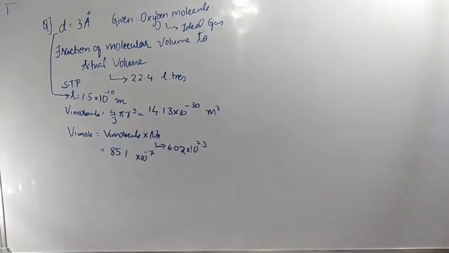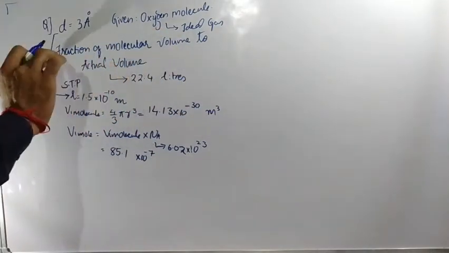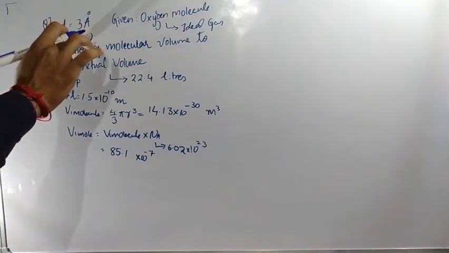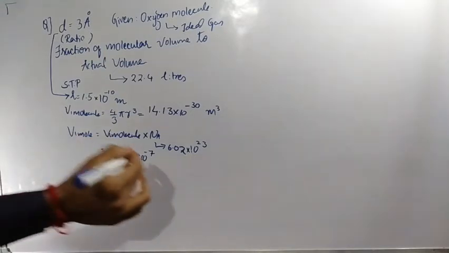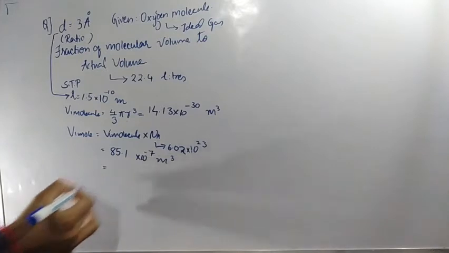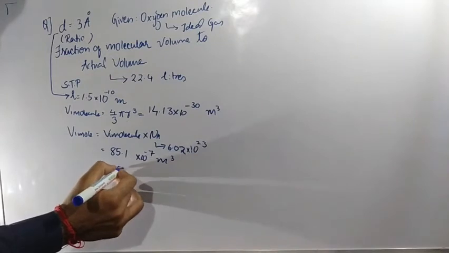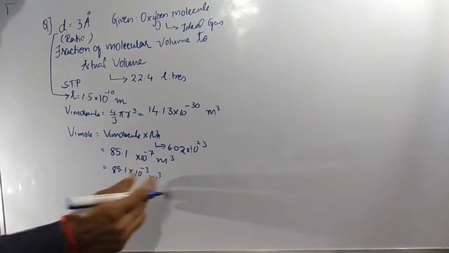Clear? Or what can we change now? This value is in meter cube, but we need the fraction of molecular volume to actual volume. Fraction means they are asking us to calculate a ratio, the ratio of molecular volume to actual volume. Molecular volume is this many meter cube, so we have to convert it into liters. 85.1 into 10 to the power of minus 3 meter cube means 1 liter.